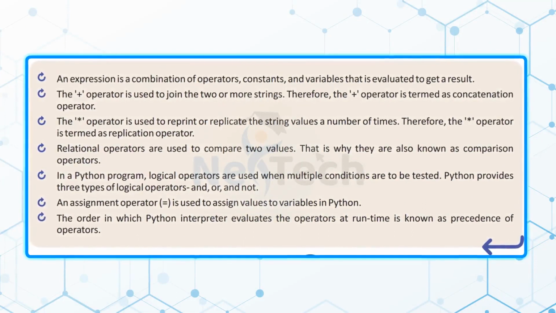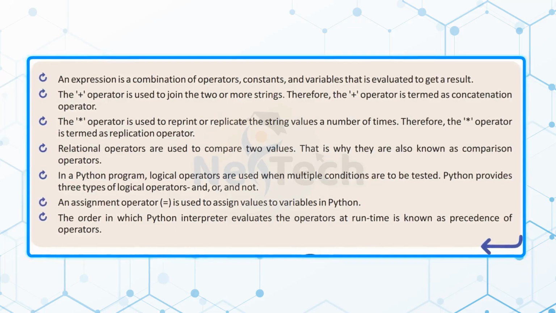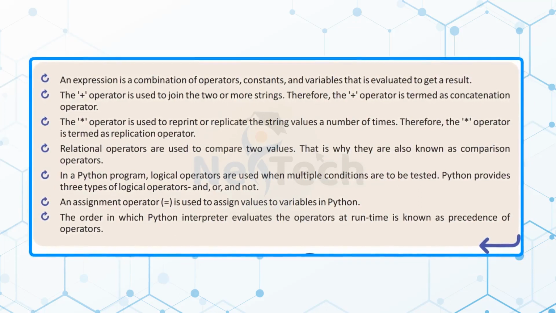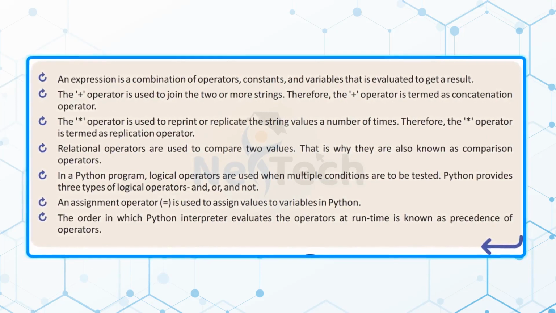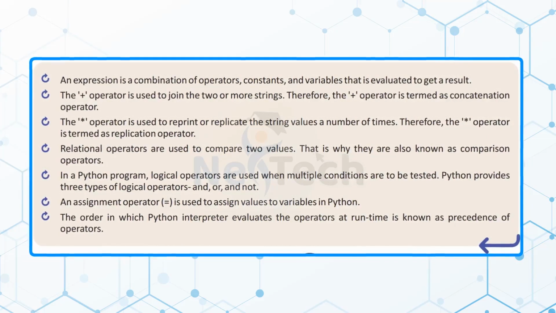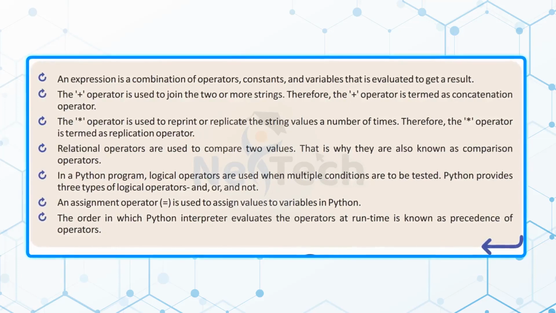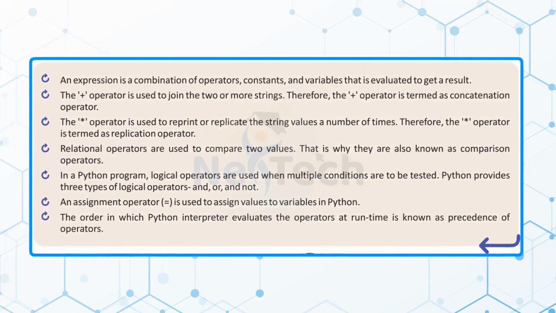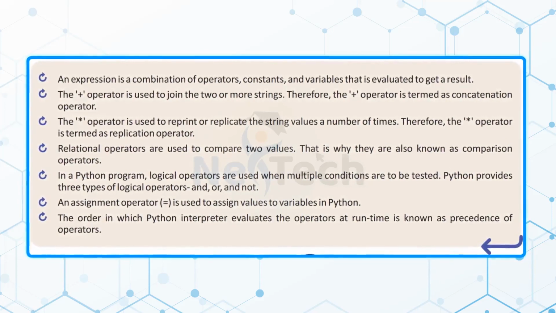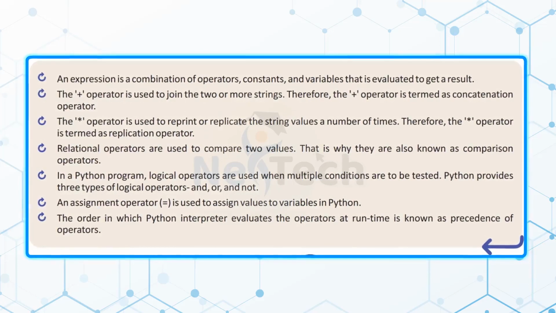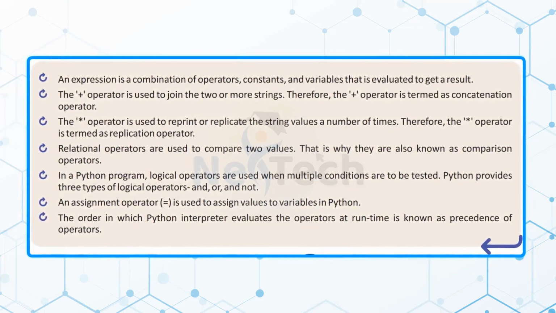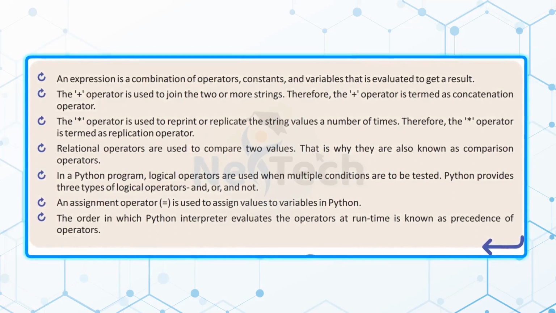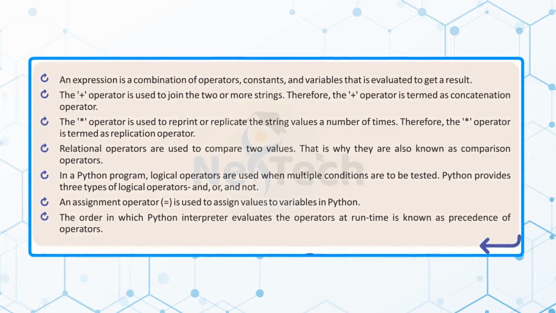The plus operator is used to join the two or more strings. Therefore, the plus operator is termed as concatenation operator. The asterisk operator is used to reprint or replicate the string values a number of times. Therefore, the asterisk operator is termed as replication operator. Relational operators are used to compare two values. That is why they are also known as comparison operators.